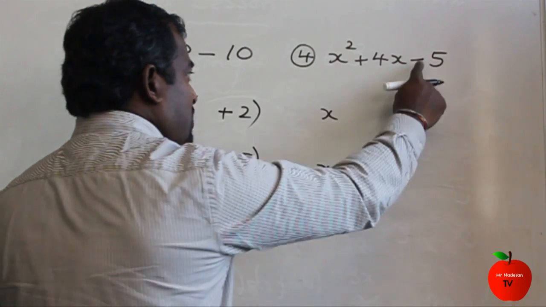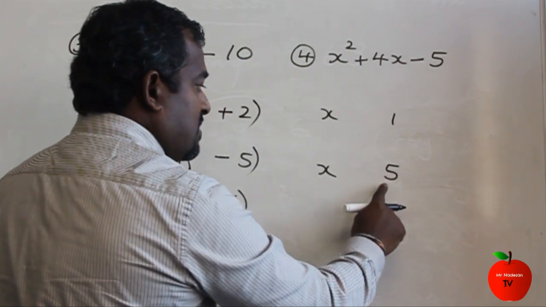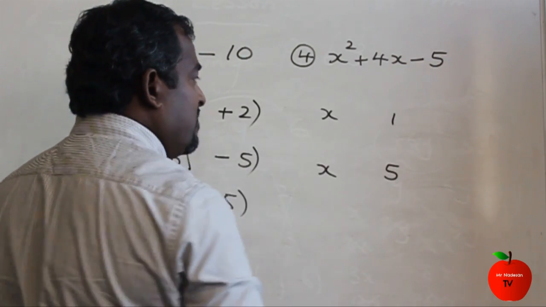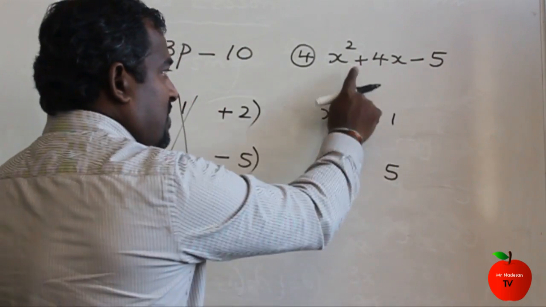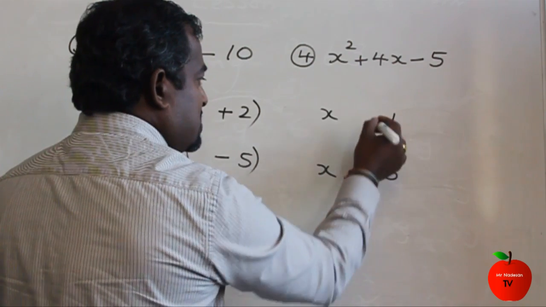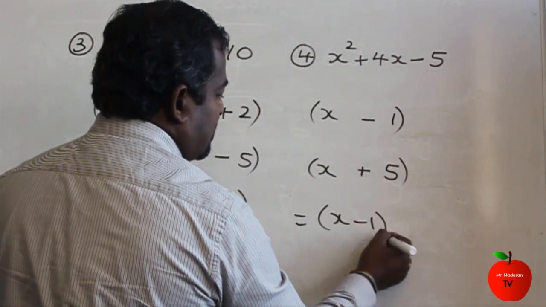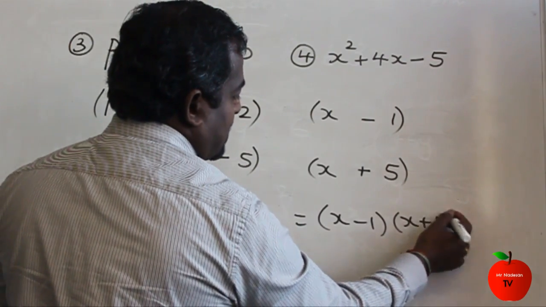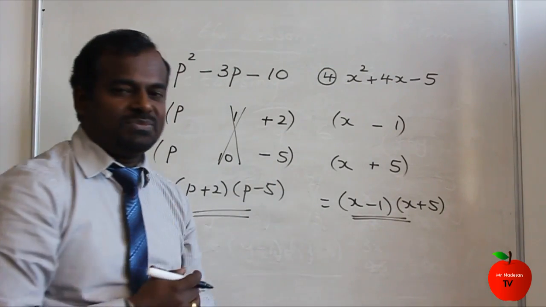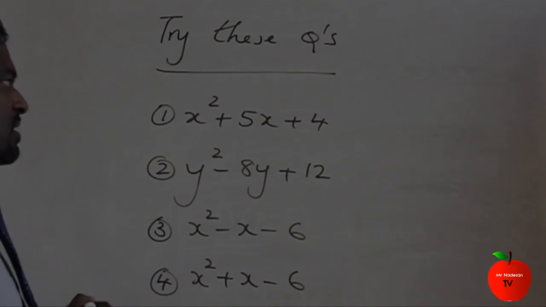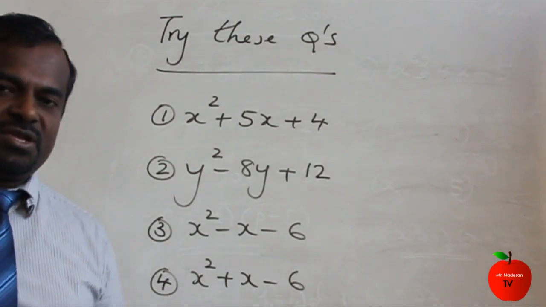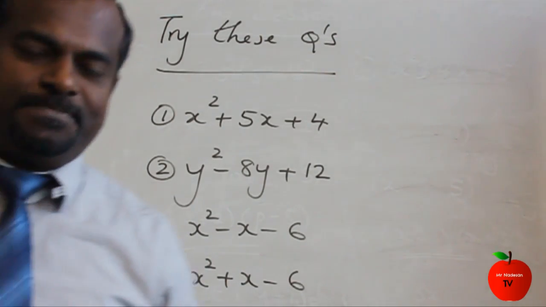Different factors, because the minus is at the end. 5 and 1, can you make a difference of 4? Yes, of course. What is the sign here? Plus, so bigger plus, smaller minus, and close the bracket. The answer is x minus 1 and then x plus 5. See how they're easier. So there are 4 questions. Try these questions now.